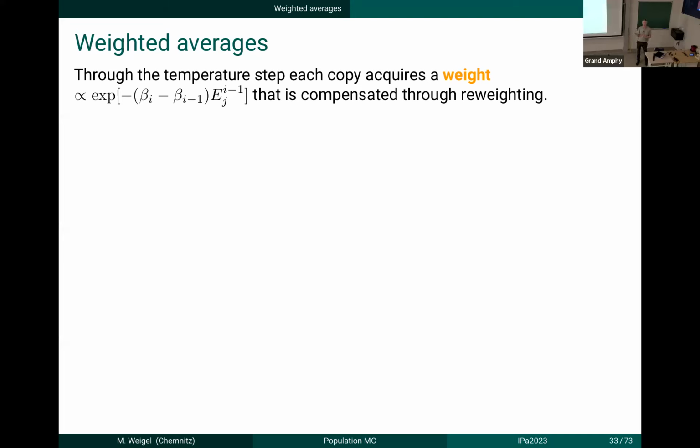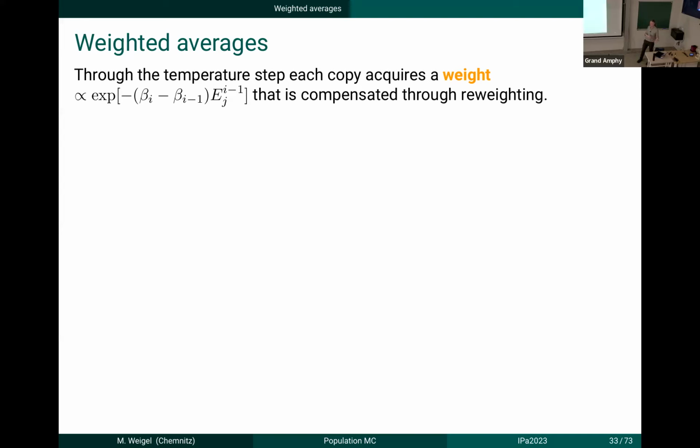But sometimes this might be problematic for various reasons. Maybe your system could be significantly big, such that you cannot simulate as large a population as you want because of memory constraints, for example. Or you make a simulation with a certain population size, but then afterwards you realize, oh, well, it wasn't perfectly equilibrated. What do you do?